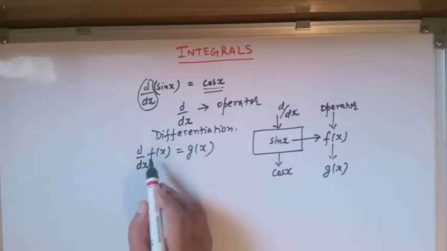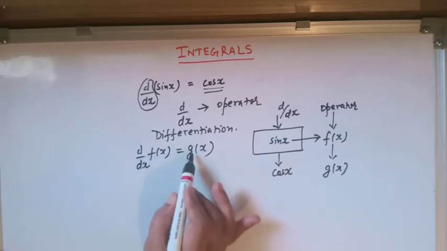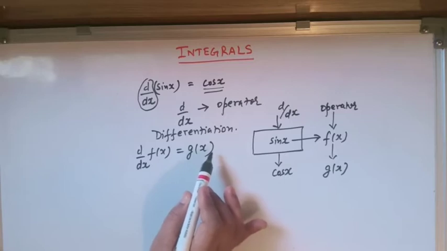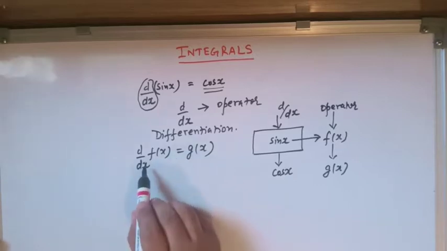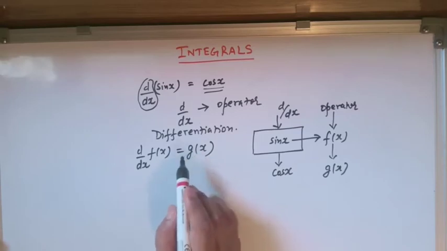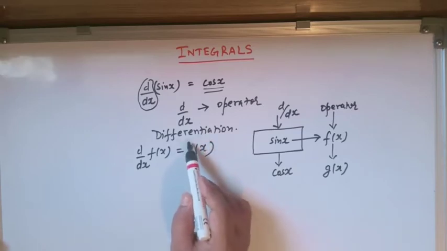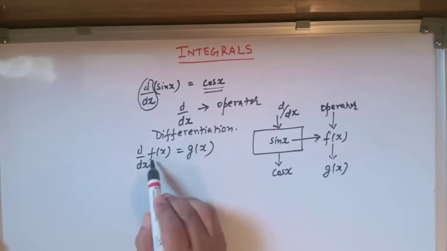So the derivative of f is the function g of x. Clear? Now here a question arises: by which operator should we operate this function g of x to get this?